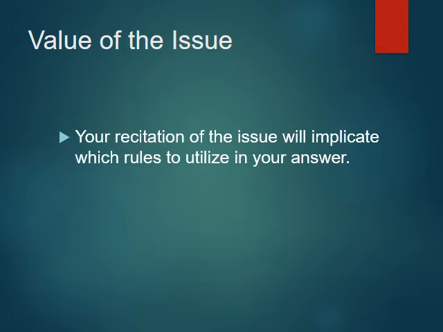You can narrow your analysis to those rules. Sometimes those rules build on each other, like in contracts, for example, and in other places, they can stand independently. Nevertheless, your recitation of the issue implicates those rules on which you will rely in your answer.